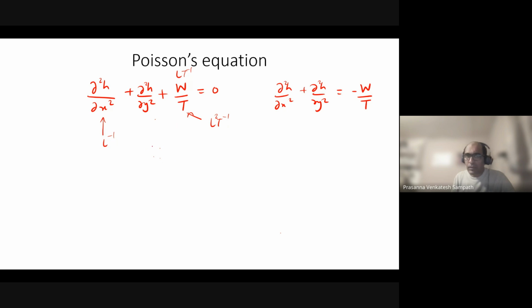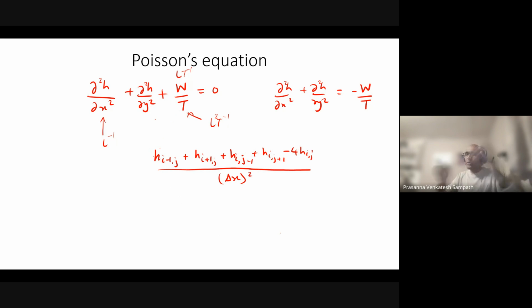Okay, so it will be h of i minus 1 comma j plus h of i plus 1 comma j plus h i comma j minus 1 plus h i comma j plus 1 minus 4h i comma j, divided by... now we are going to assume that delta x and delta y are equal.